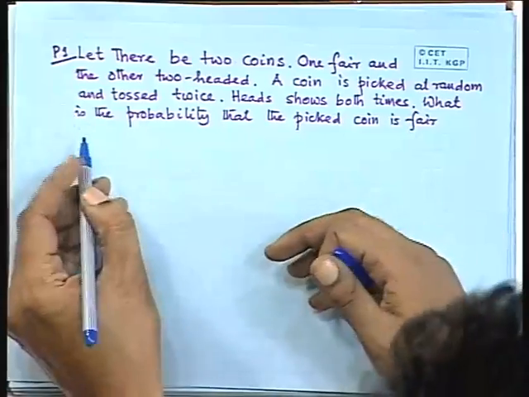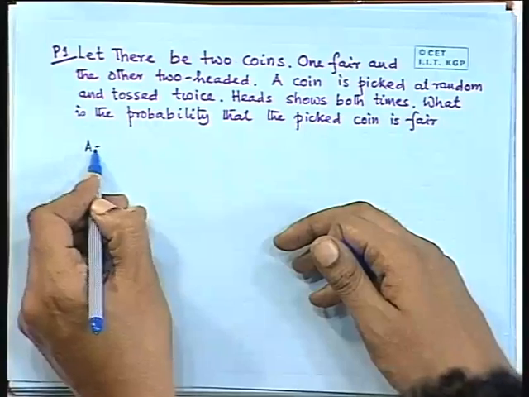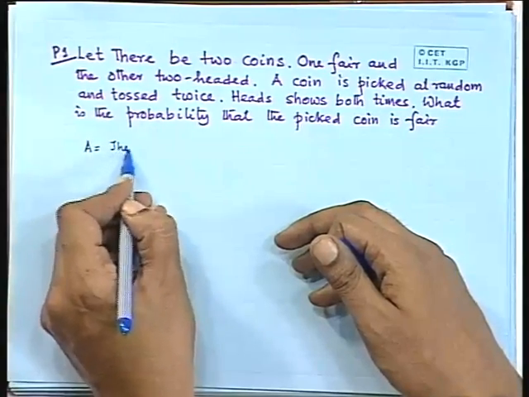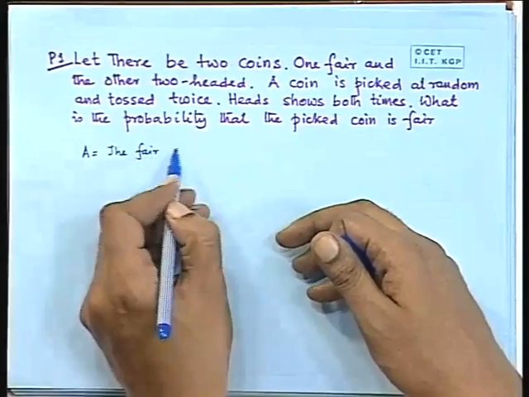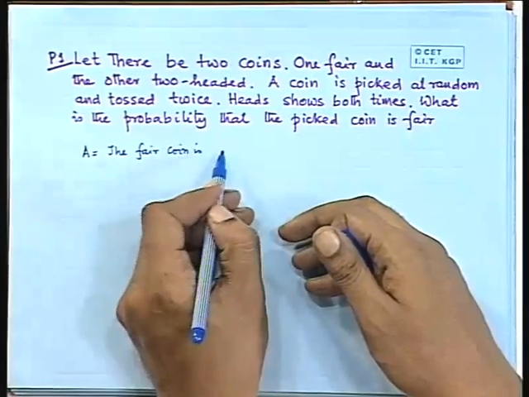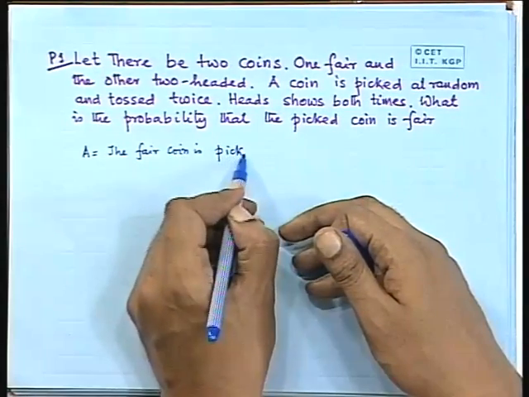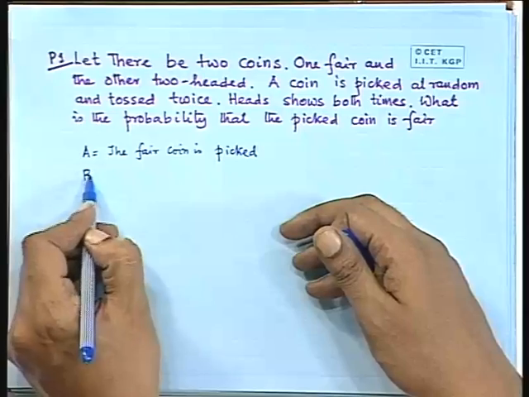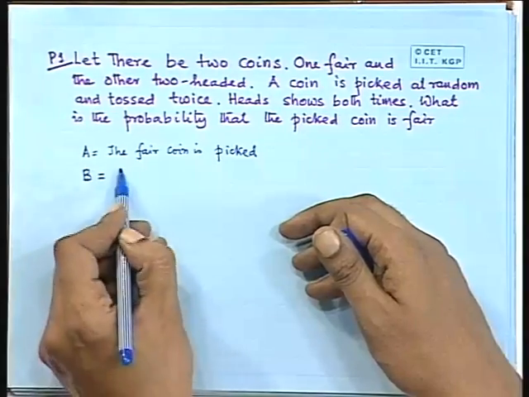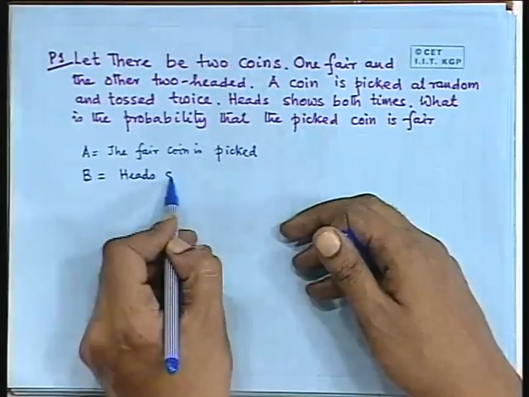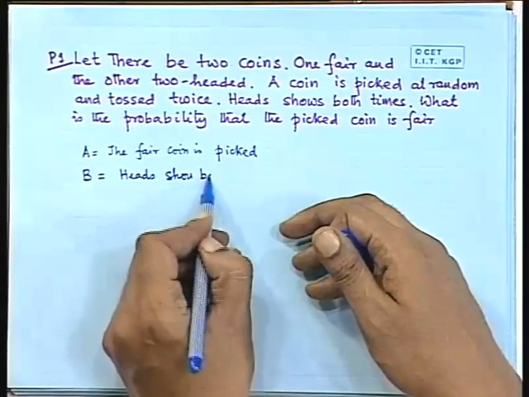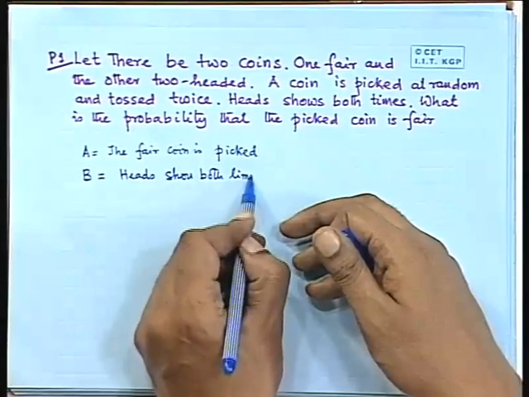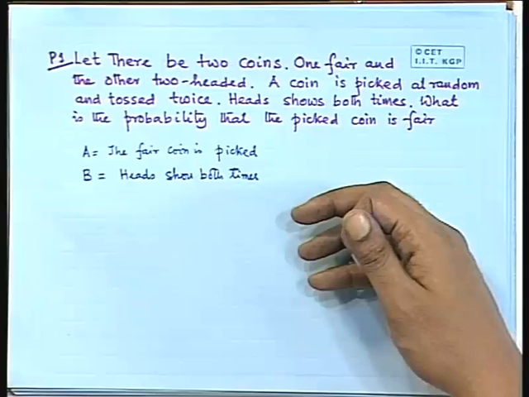So the probability is going to be different, right? So we will apply what? We will apply Bayes' law, right? So let us first mark the events, okay? So let A be the event that the fair coin is picked. And let B be the event that heads show both times. Alright.